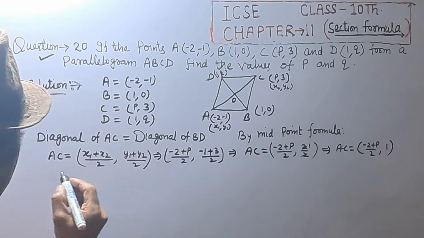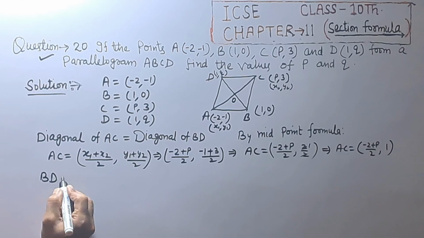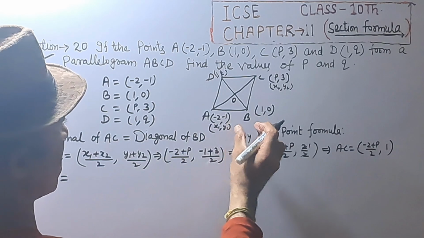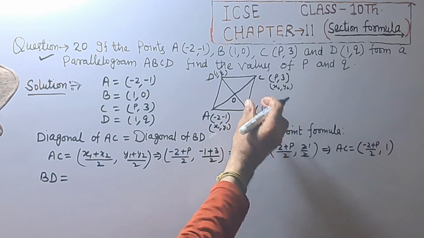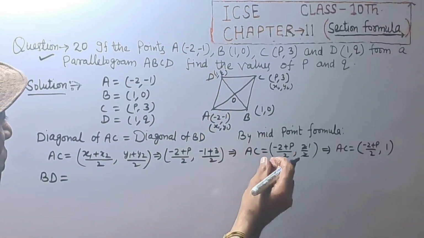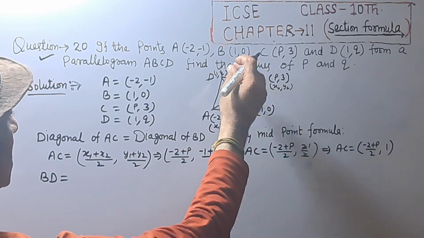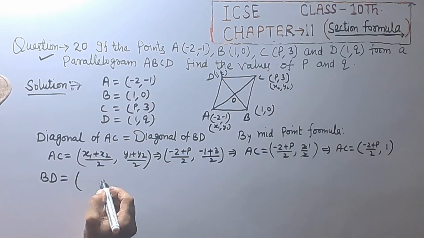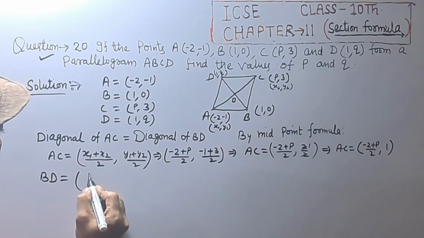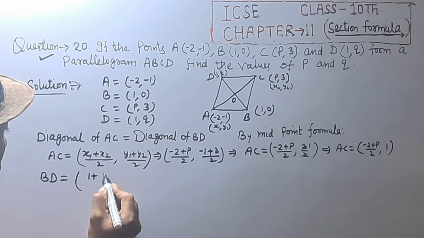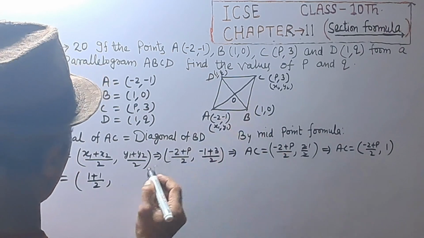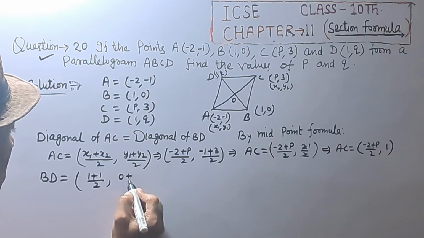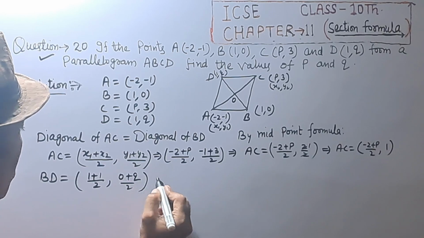And for the diagonal BD, we use the same midpoint formula, (x1 plus x2) upon 2, (y1 plus y2) upon 2. Here x1 is 1 and x2 is 1, divided by 2, and (0 plus q) divided by 2.